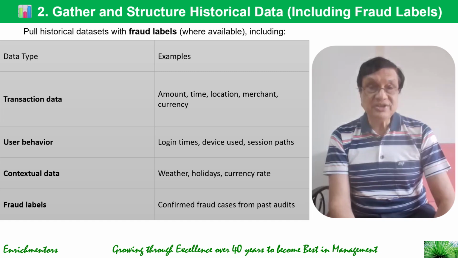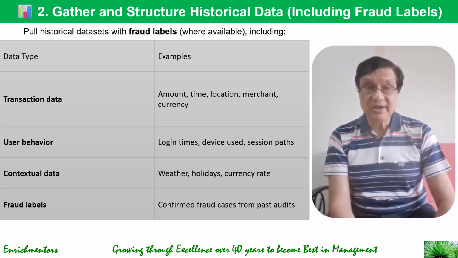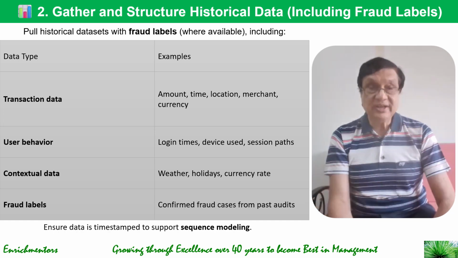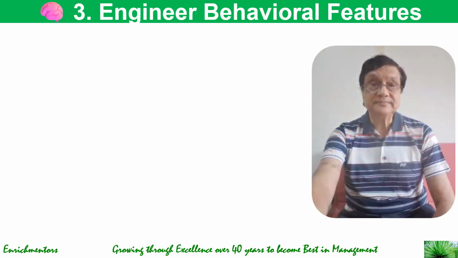You need to look at contextual data like weather, holidays, currency rate, and fraud labels, confirmed fraud cases from past audits. And make sure that your data is timestamped to support sequence modeling, right?